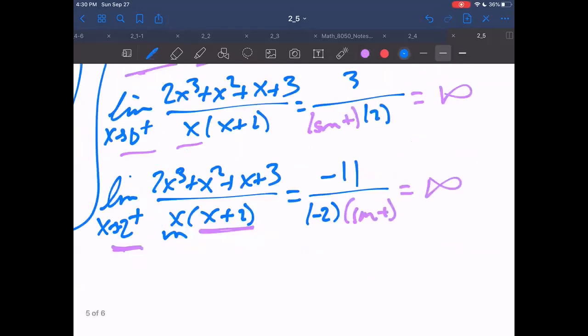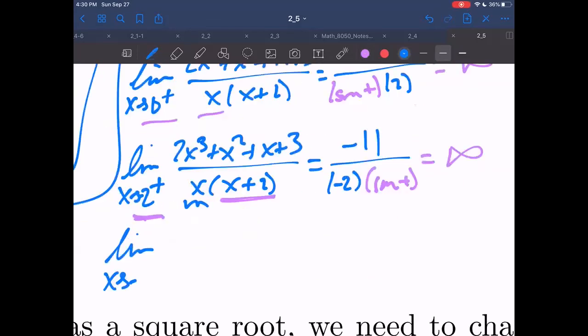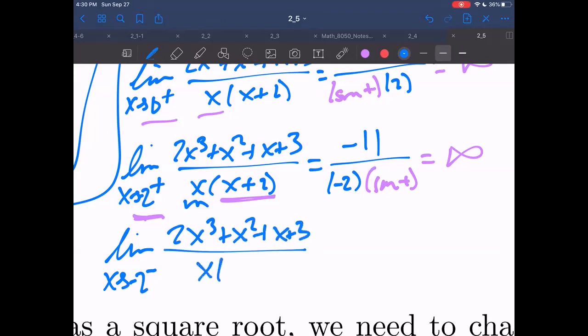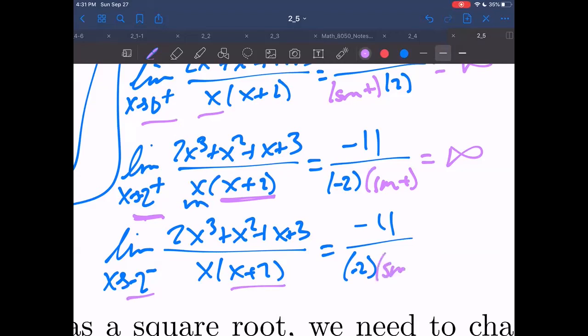And if I look at the limit as x approaches negative 2 from the left, again, it follows the same process. We get negative 11 and we get negative 2. But if I'm looking at it from the left, we're looking at all the values that are less than negative 2. So if I add 2 to any of those, I'm just going to get some negative number.